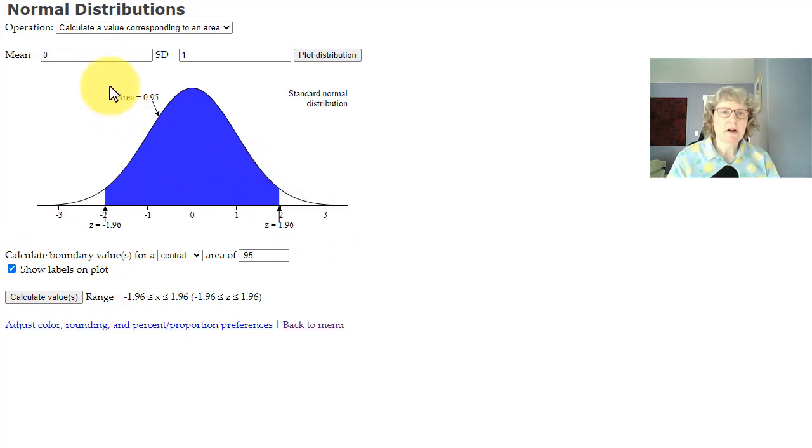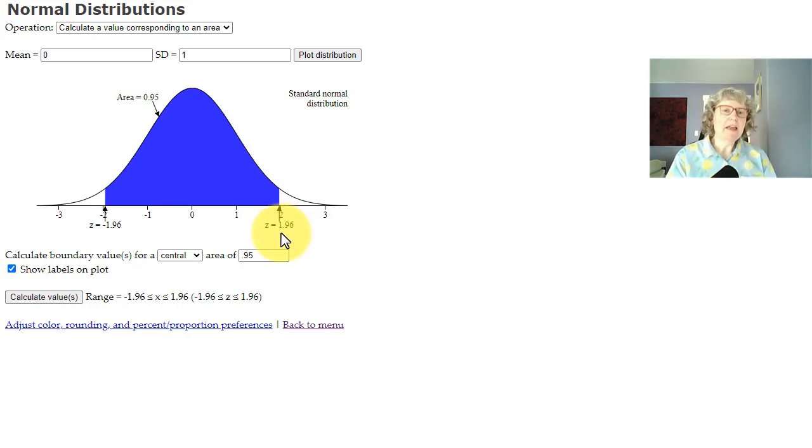So it says that our area is 0.95. You'll notice where it usually gives the definition of the model, it actually says standard normal instead of having the normal 0, 1, but that's fine. And you can see that because it's symmetric, the z-score on the left is negative 1.96, and the z-score on the right is positive 1.96. So they have the same value but opposite signs.